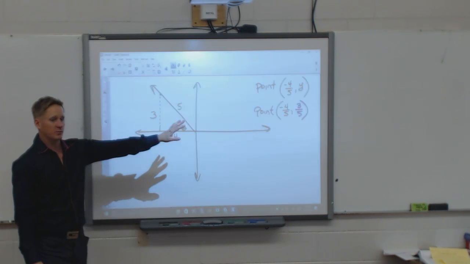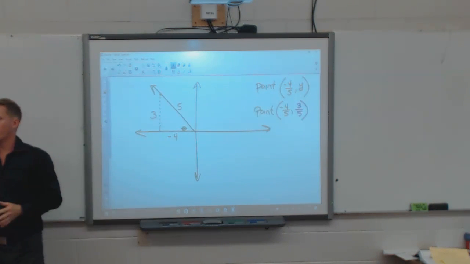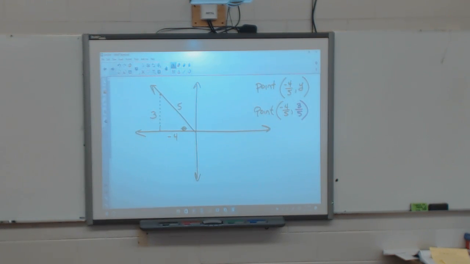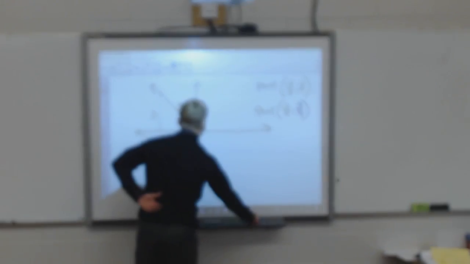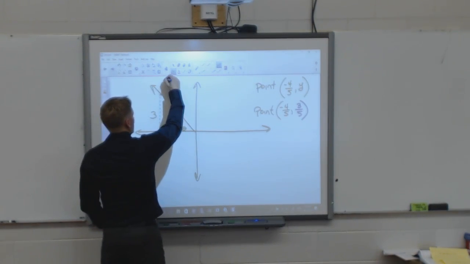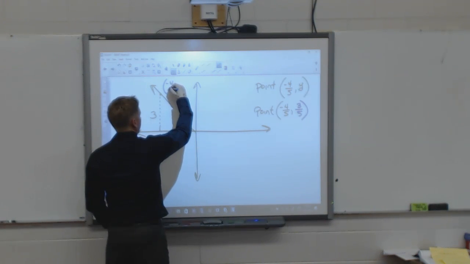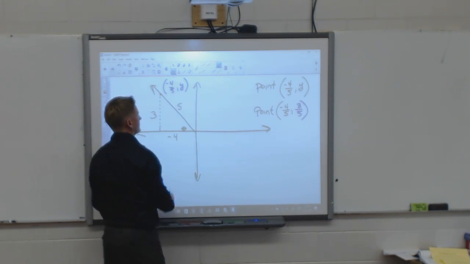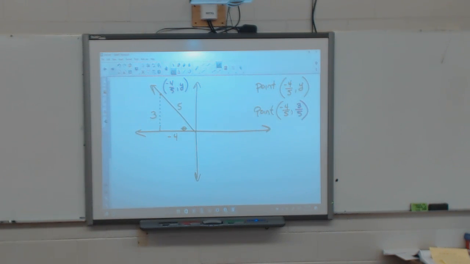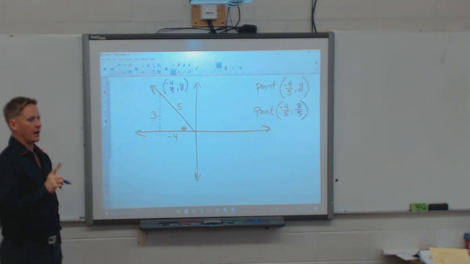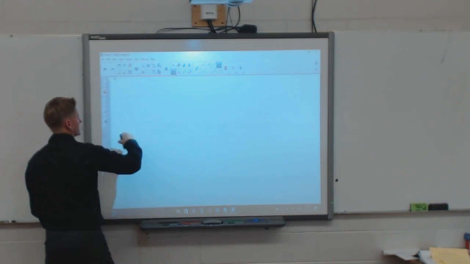So that's where we're going with this, but here's actually the way they want you to solve it, because you don't know that yet. This coordinate here is minus 4 over 5 and y. Now if I apply this to the unit circle, that means that my radius on the unit circle is 1. So I'm going to redo this.